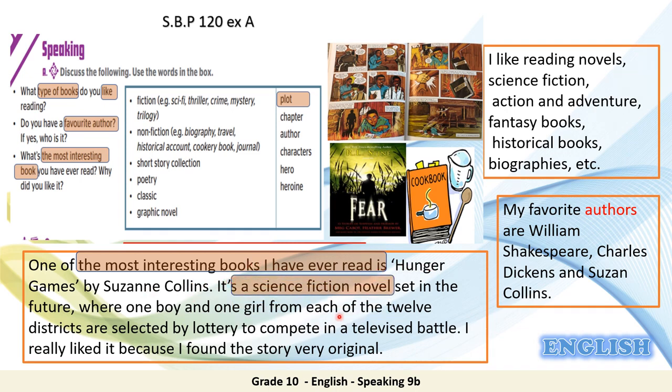It's a science fiction novel set in the future, where one boy and one girl from each of the 12 districts are selected by lottery to compete in a televised battle. I really liked it because I found this story very original.